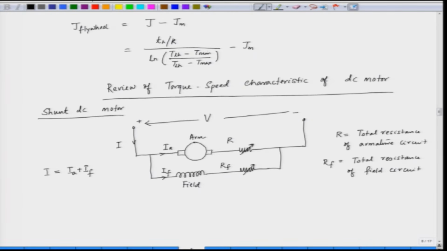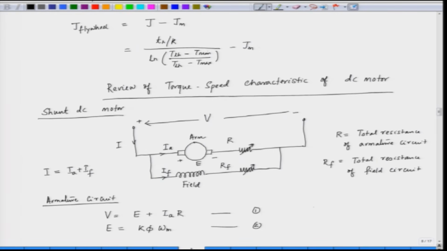Now, in the armature circuit equation, the applied voltage V equals the back EMF E plus the drop in the resistance, IA into R. And what is this back EMF? The back EMF is some constant into the flux into omega m. Omega m is the speed.